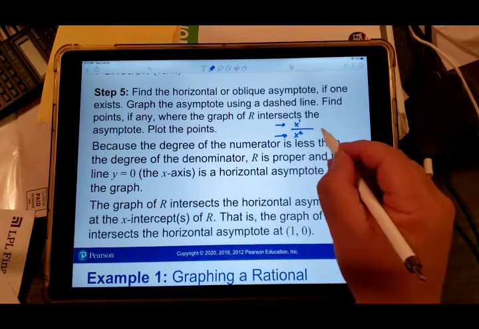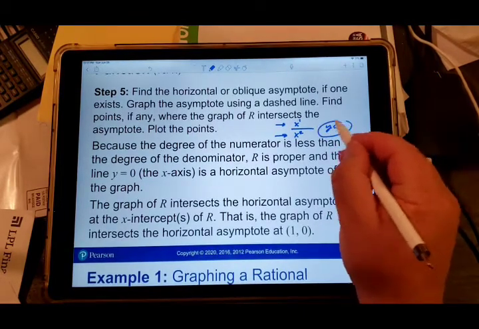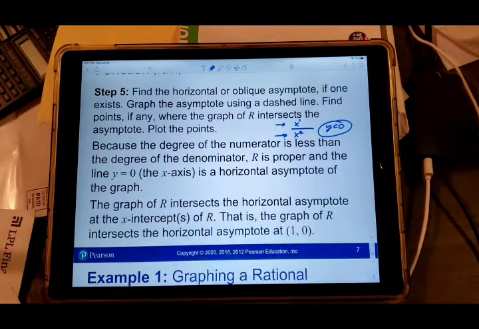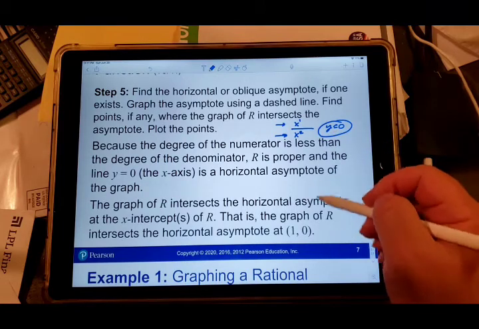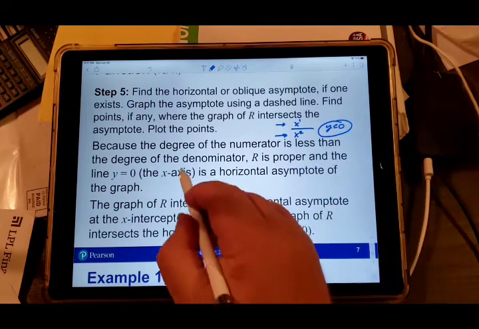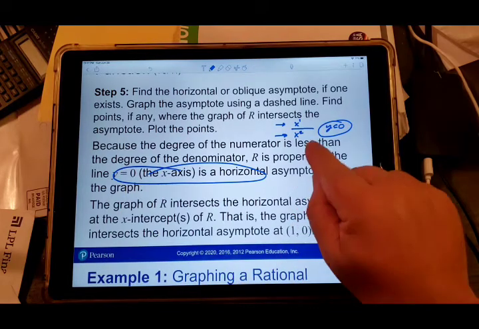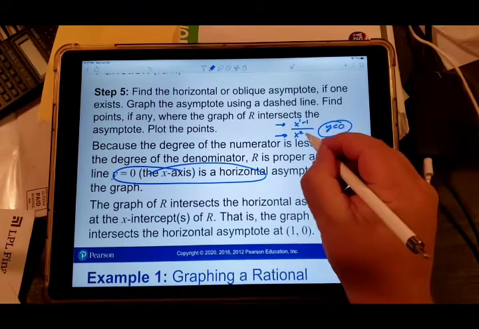And if that's true, the horizontal asymptote is just y equals 0, the horizontal line of the x-axis. So y equals 0 is going to be the horizontal asymptote.